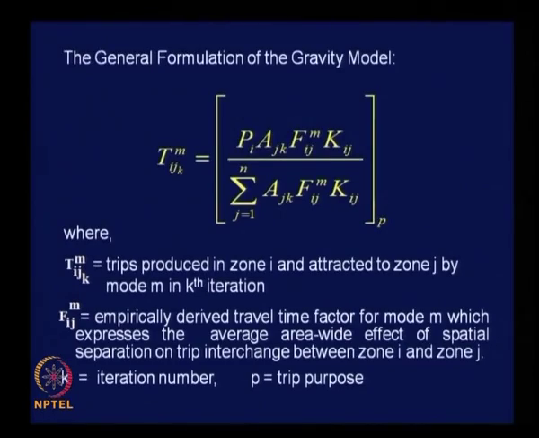The sum of the cell values along the row should be equal to total trip production. That constraint was taken into the modeling process itself. We derived k value based on that constraint. So this formula will give a result where the total of cell values will be the total trip production, and there will not be any change.